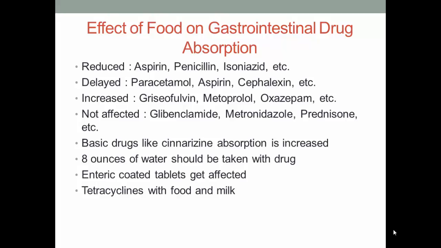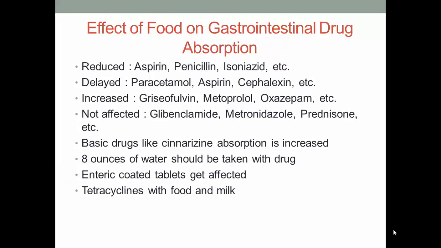Some of the enteric coated tablets also get affected in the presence of food, because food reduces gastric emptying, and they stay a long time in the stomach with the acid. As these are enteric coated tablets with a sustained and slow action, their activity is decreased, so that the drug absorption is decreased.